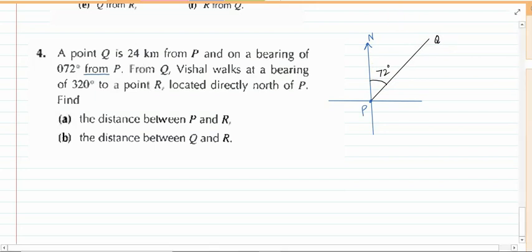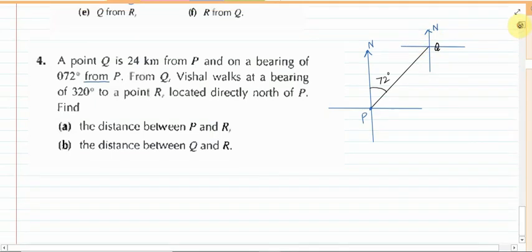Now from Q means I need to plot the north of Q. So from Q, north of Q, this one. From Q, Vishal walks at a bearing of 320. Now 320 means this way, right? At a point R located directly north of P.